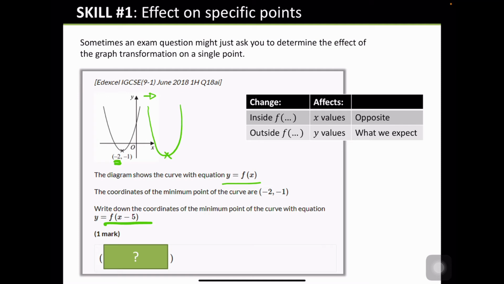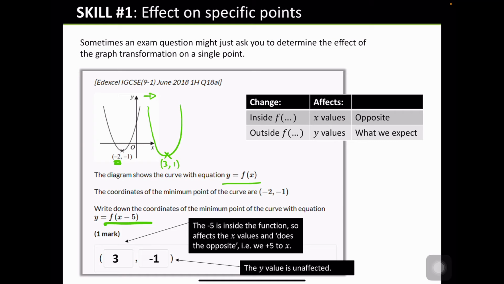And now I know for sure that our x value will have to increase by 5 units. So -2 plus 5 is 3, and the y value won't change, so it's 3, -1.